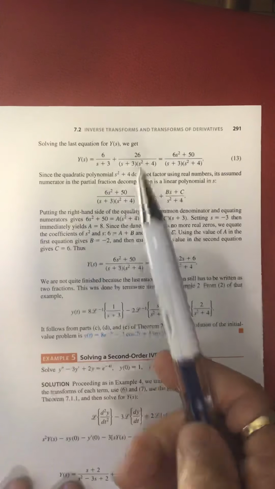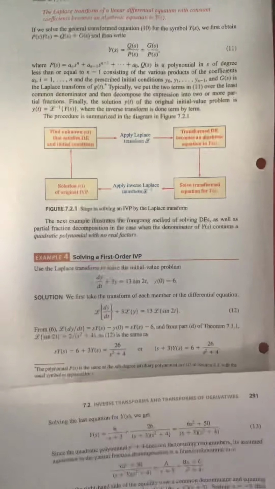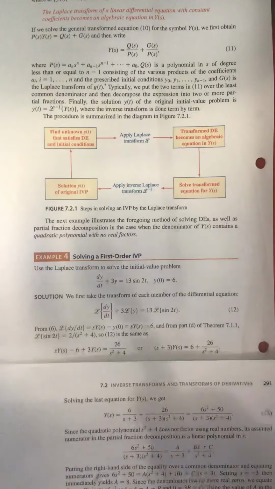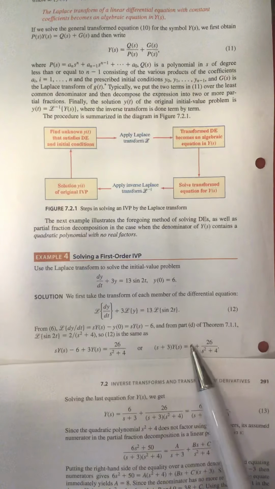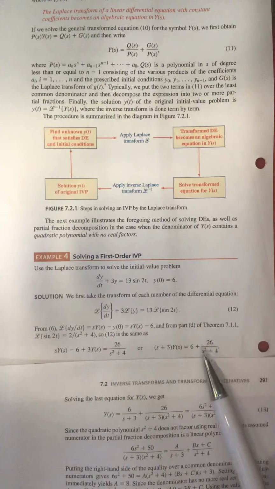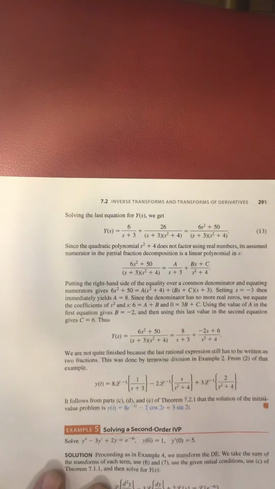And then we leave that piece up there first, okay? So now we've got this, and we want to solve for y of s. We've got to divide by s plus 3, so it's going to be 6 over s plus 3, and 26 over s squared plus 4 times s plus 3. So we're going to get that result.